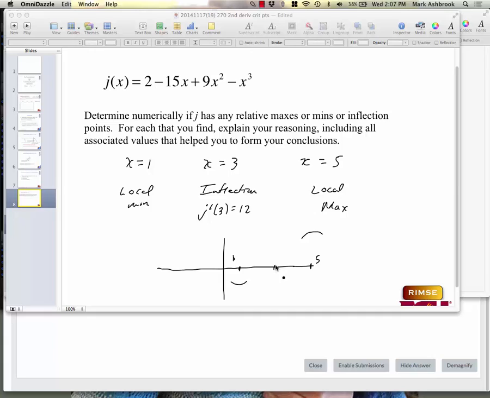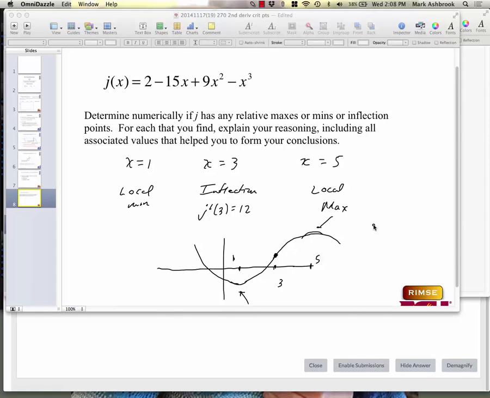And then x equals 3, we said that it's heading up at 12, but then it's an inflection point, so the rate of change goes from increasing, to pausing, and then changing to decreasing. Okay, so here is the general shape of this graph.